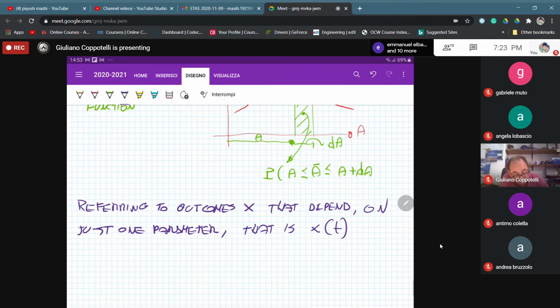When we write this definition, the p_X of T, we are saying that we are referring to the probability density function.